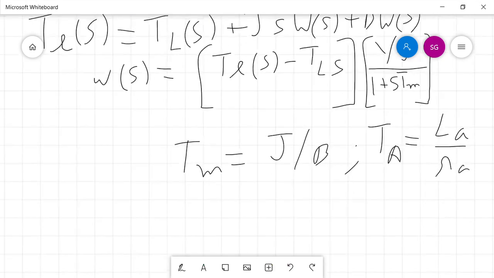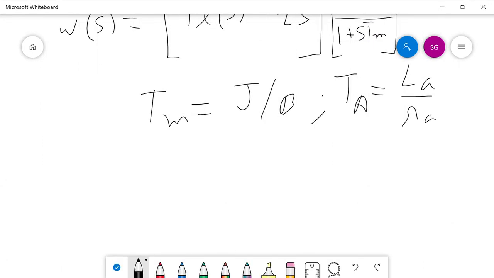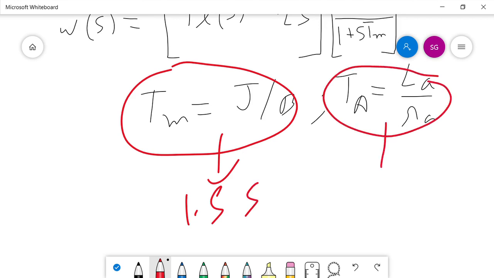Let me tell you that this Tm ranges in seconds, let us say 1.5 seconds. The usual values are in seconds, and the Ta values are in milliseconds, say 1 millisecond. So there is quite a gap.